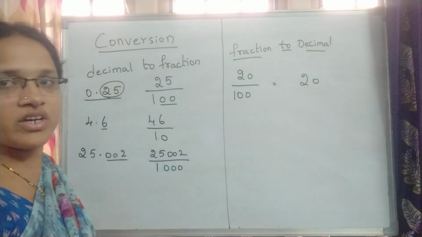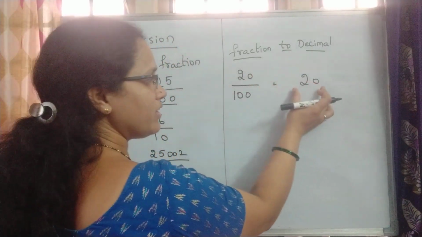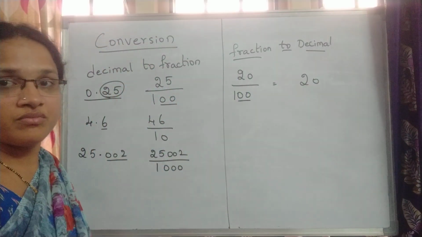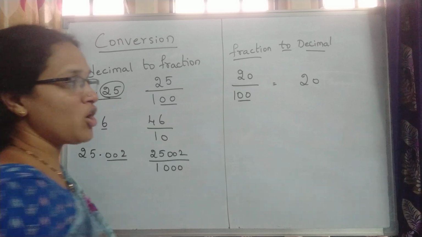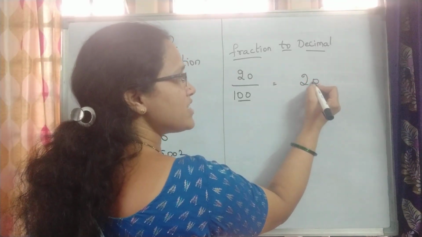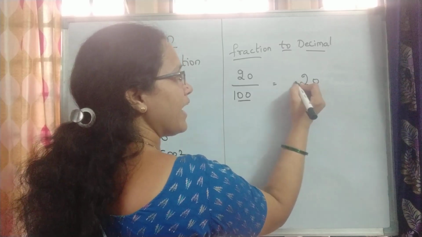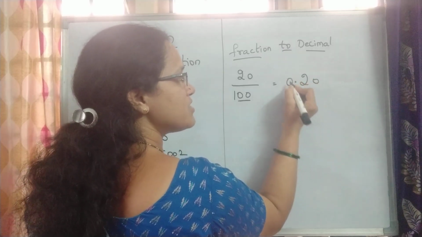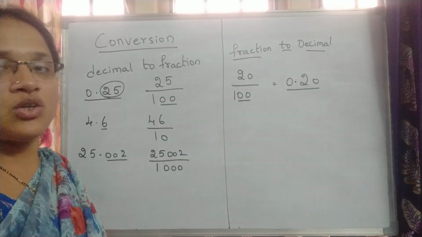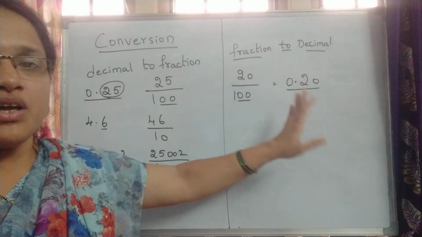Then check how many zeros there are in the denominator. There are 2 zeros in the denominator. So go to the end of the number, count 2 numbers, and put a decimal point, and put a 0 before it. It makes a decimal. Is that clear to you? So that is converting fractions to decimals.